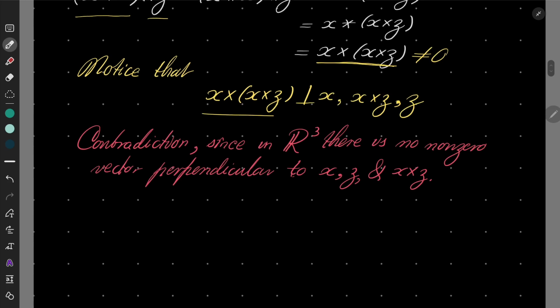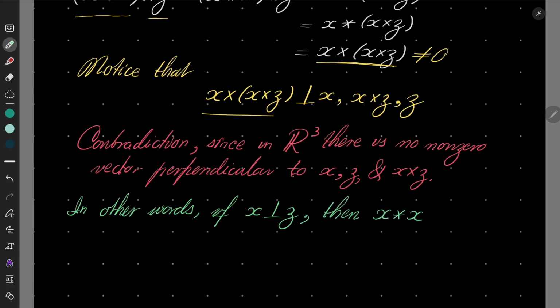So in other words, if x is perpendicular to z, then x star x is parallel to z. It's parallel to z. Very well. But now let's also notice that x is perpendicular to z.